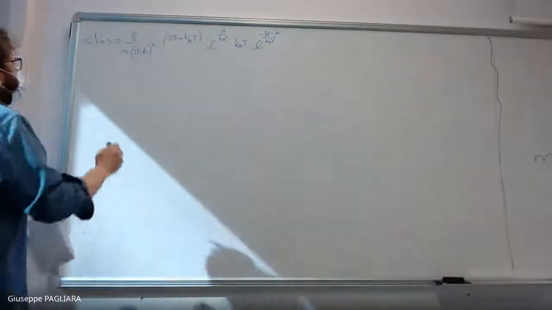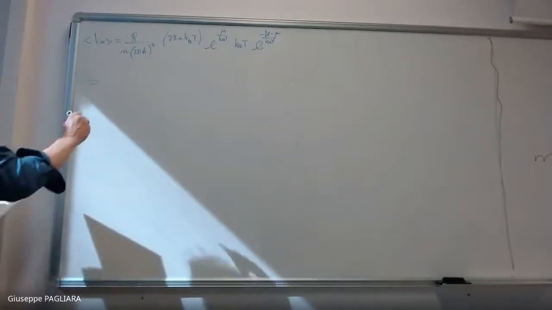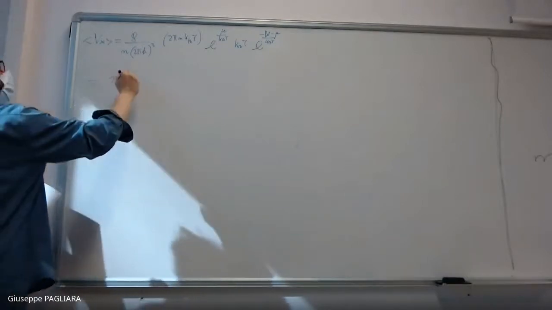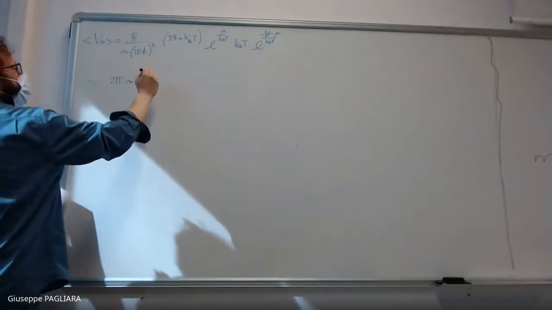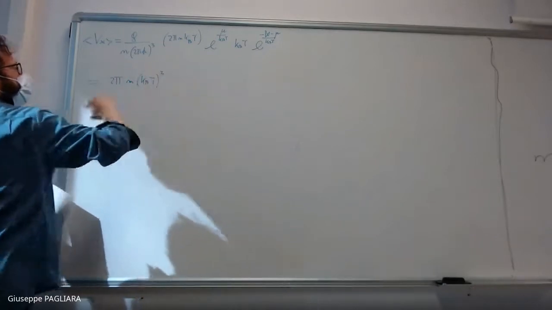Okay, so here now we can make some simplification. The 2 pi, maybe I simplify it, no, I leave it there. For the moment, I like this. So it's 2 pi, and I have a kbt to the power of 2.